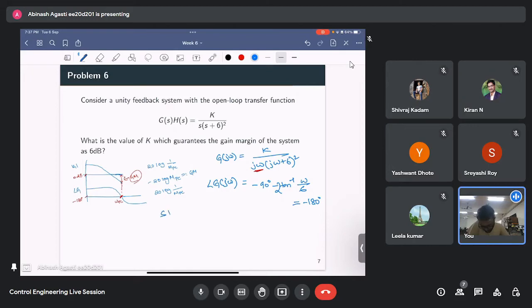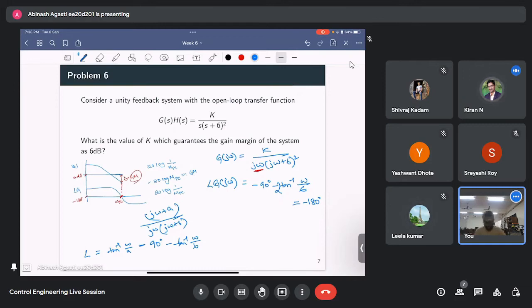Basically, if I have something (jω plus a) divided by jω into (jω plus b), then the angle of this entire thing is tan inverse ω by a, that is the angle of the zero, which will be positive, minus the angle of the first pole minus the angle of the second pole. The first pole is only jω, so 90 degrees, minus tan inverse ω by b. Is that understood?